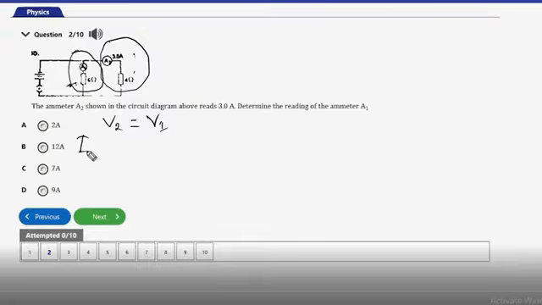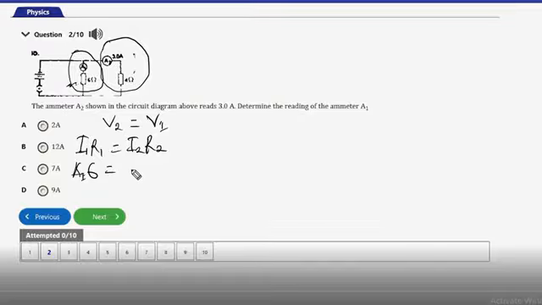So in that case, let's recall that V is equal to IR. So it means that I1 R1 is equal to I2 R2. So I1 is the current on this ammeter, but it's not given, so we say it's A1 here, that's the ammeter 1, times 6 ohms here.